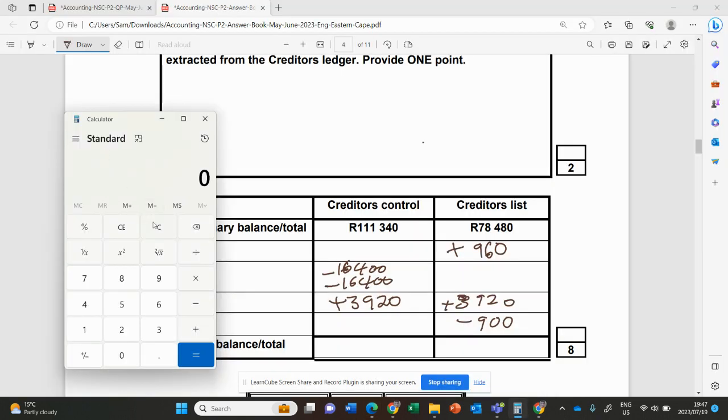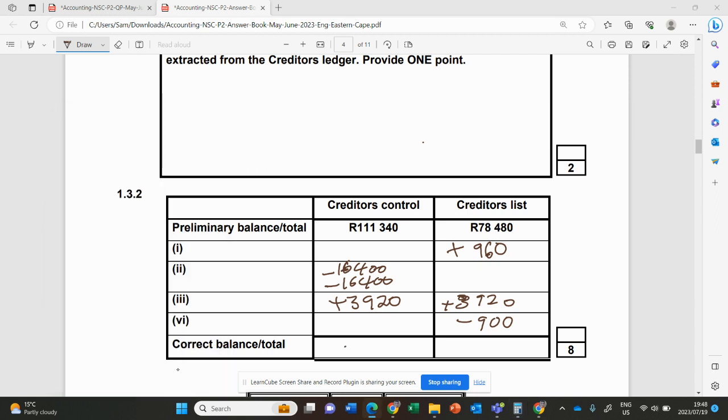So here we'll have 111,340 minus 16,400 minus 16,400 plus 3,920. Then we are getting 82,460.